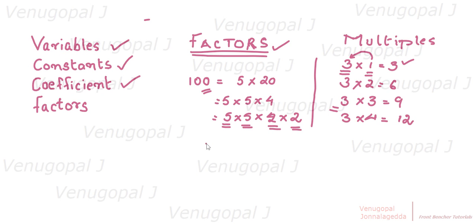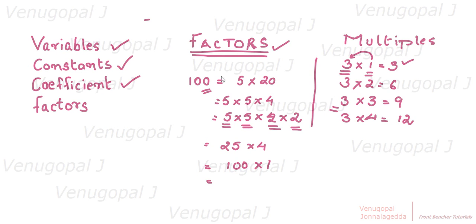Look at this. I say 25 into 4. I'm coming back to this. 25 into 4 is 100. Then you have 100 into 1. These are also factors.